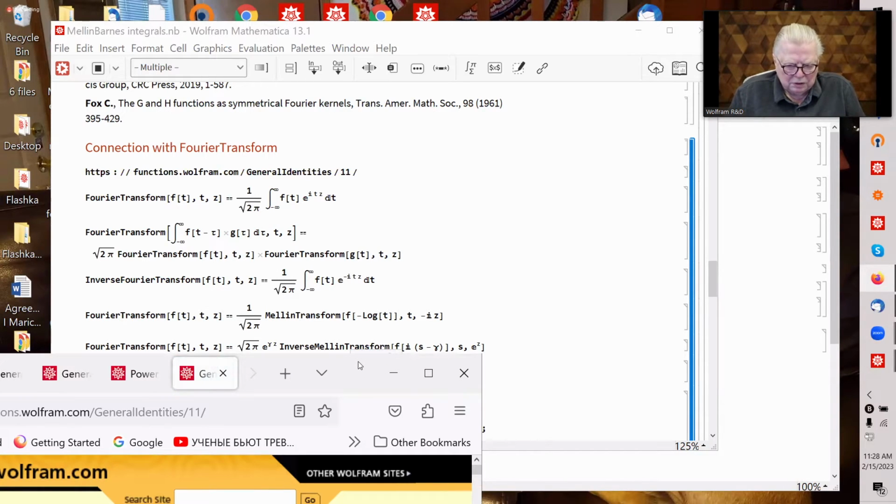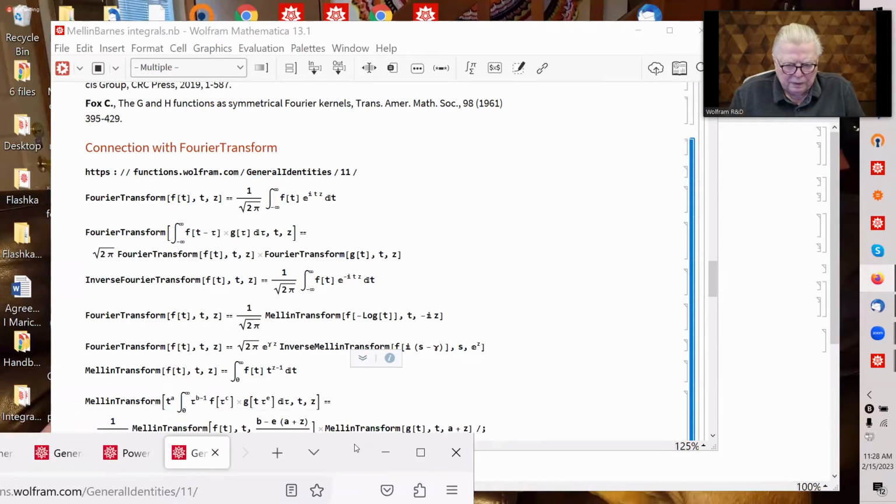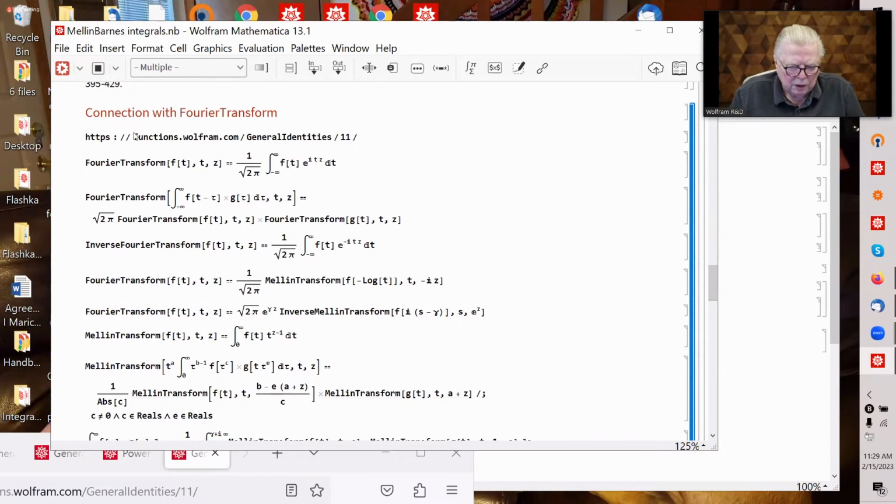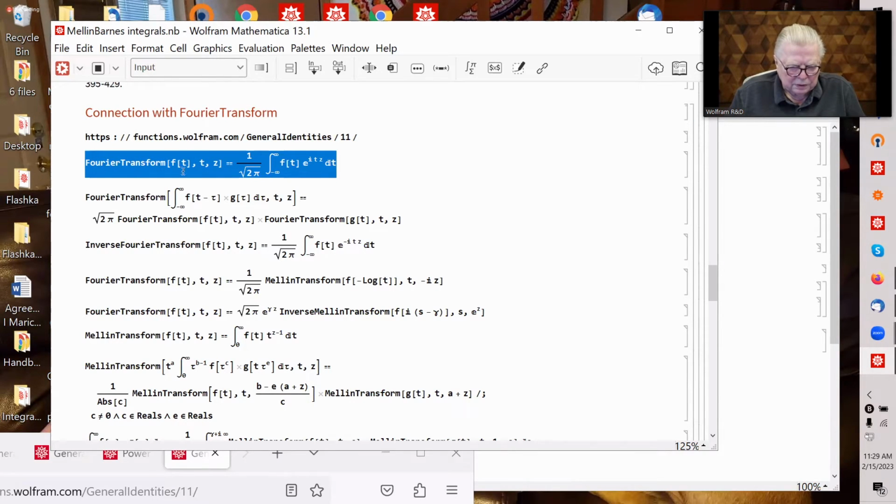It is here on the Wolfram Functions site, and there I placed a lot of formulas for the Fourier transform, inverse Fourier transform, and Mellin transform.